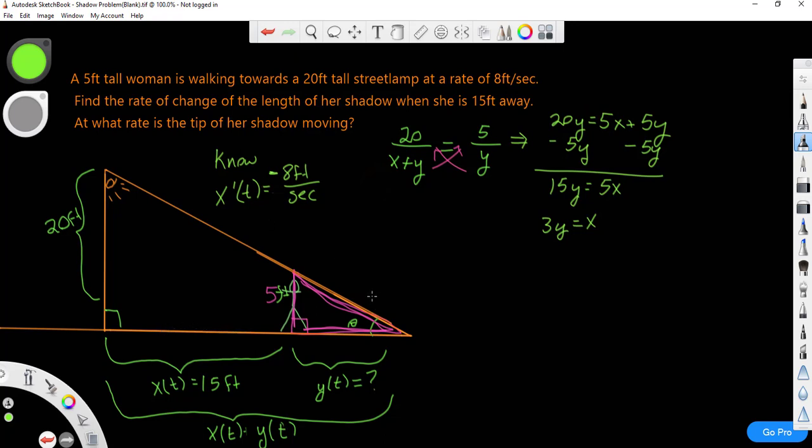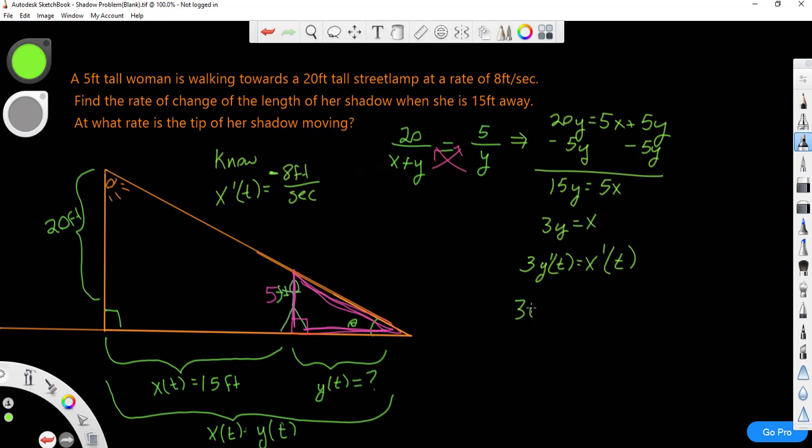Now what I want to figure out is the rate at which her shadow is changing. So we're going to have to take the derivative of this. That's going to be 3 times y prime of t equals, and the derivative of x is x prime of t. You can also just write x prime and y prime if you like. I don't know what y prime is, but I do know what x prime is. It's negative 8 feet per second.